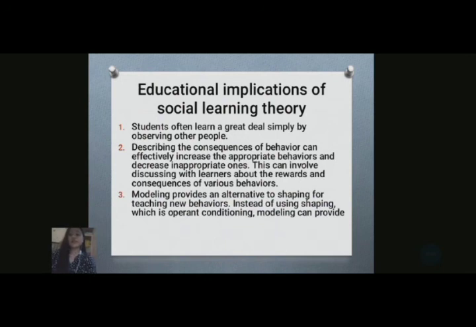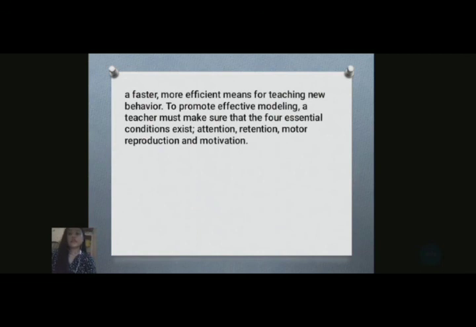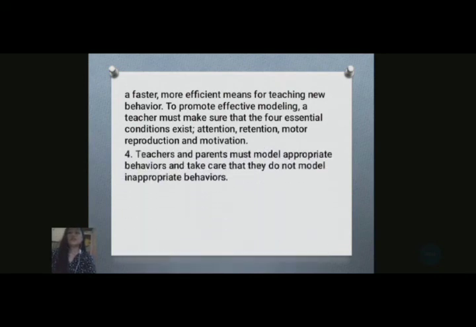Instead of using shaping, which is operant conditioning, modeling can provide a faster, more efficient means for teaching new behavior. To promote effective modeling, a teacher must make sure that the four essential conditions exist. Again, the four essential conditions were attention, retention, motor reproduction, and motivation.